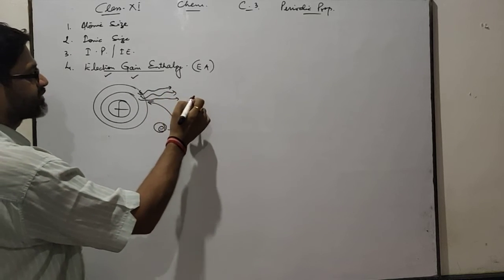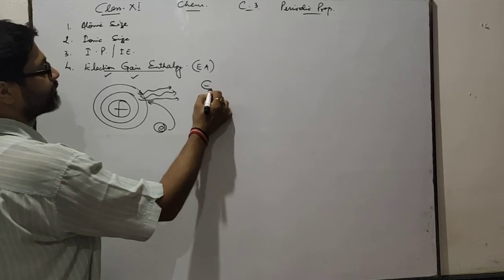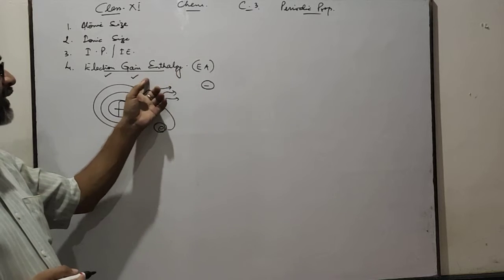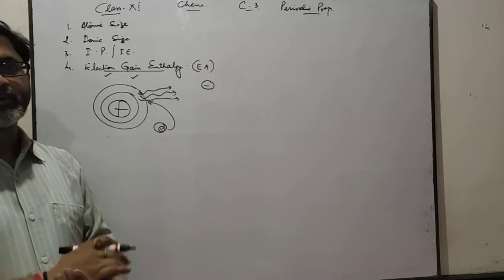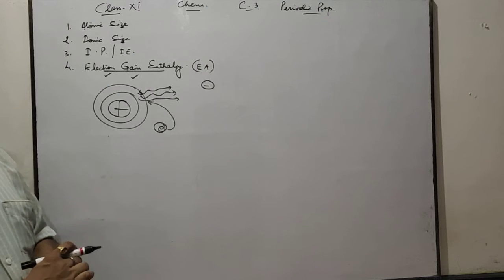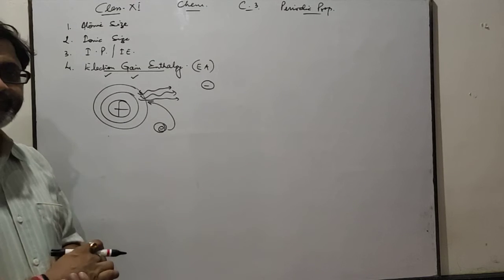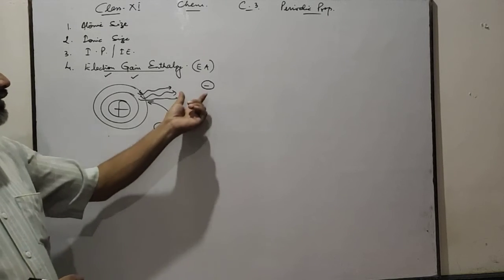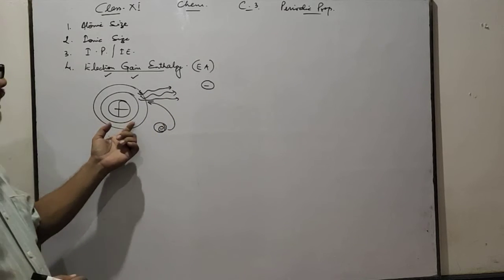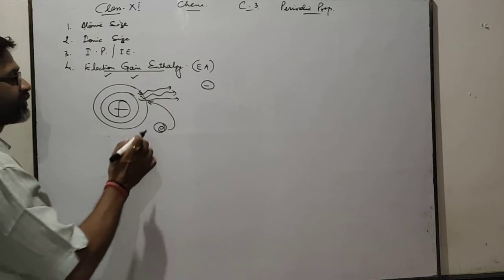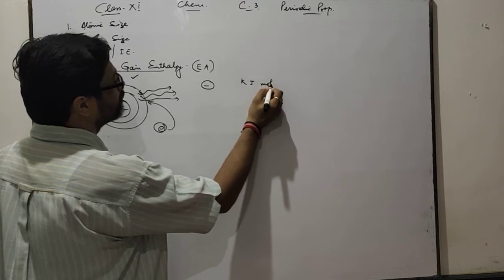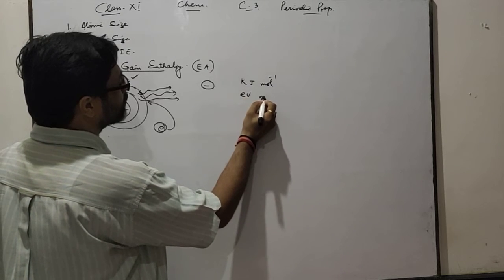This energy released is denoted as negative. It means the value of electron gain enthalpy is always negative because it releases energy. When the energy is released, the value becomes negative. This energy is expressed in kilojoule per mole or electron volt per mole.